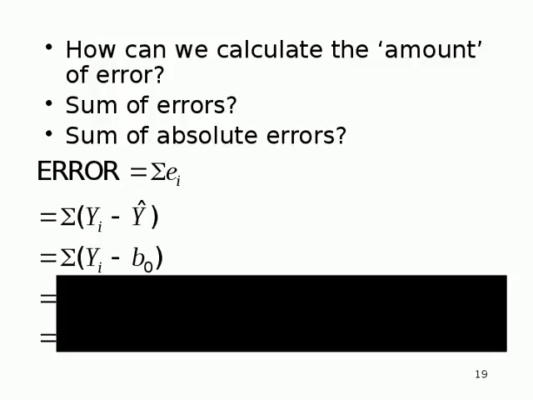What can I do to the second? b0 is a constant, isn't it? So b0 comes out of the summation. And then what's the sum over n of 1? Just, what did I do? Okay. So this is n times b0. So what does that mean?